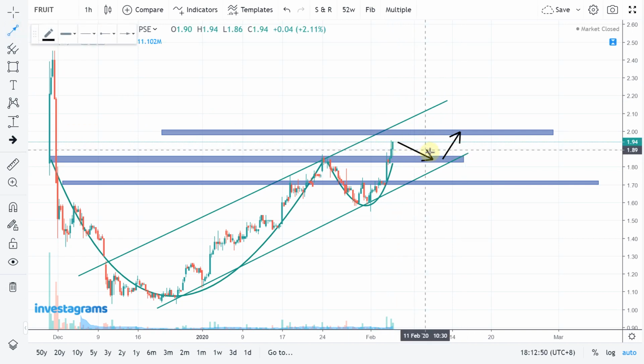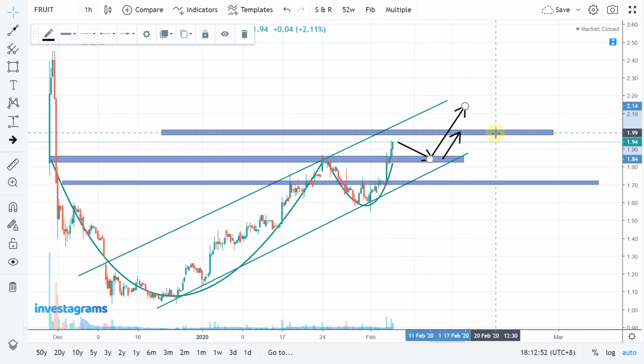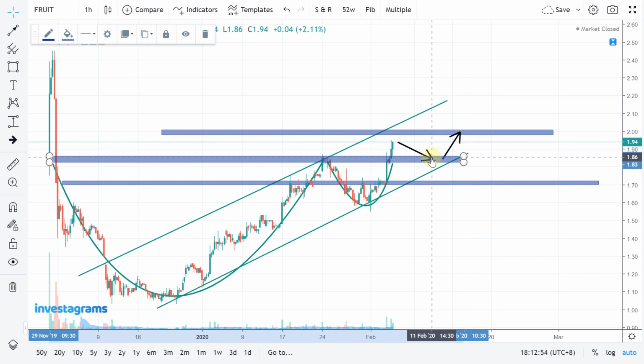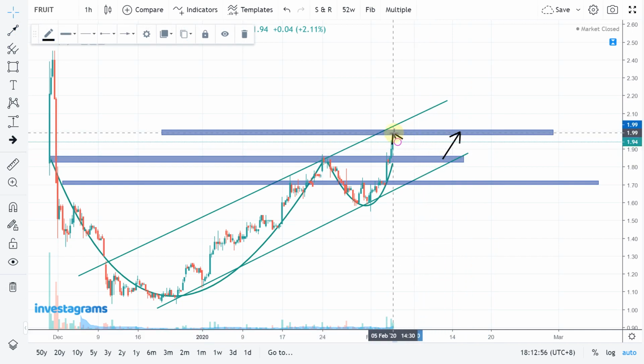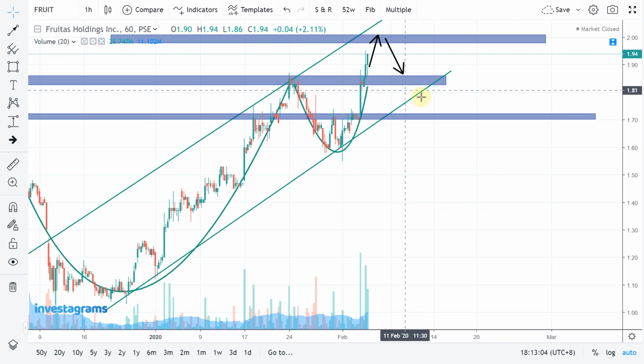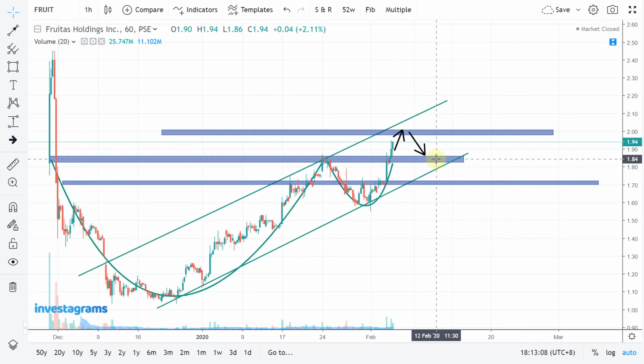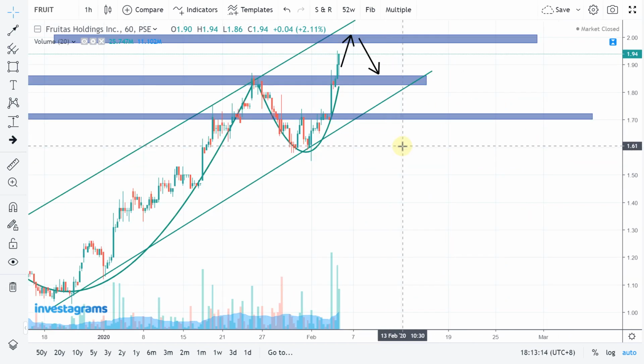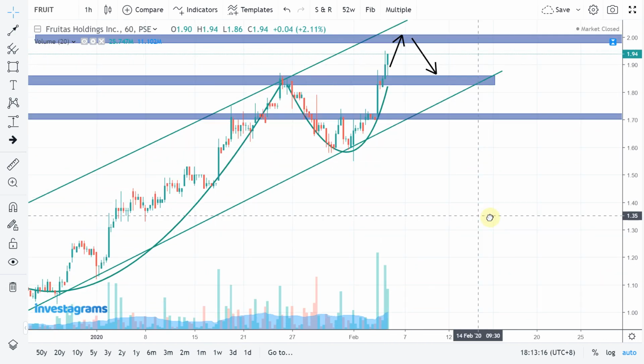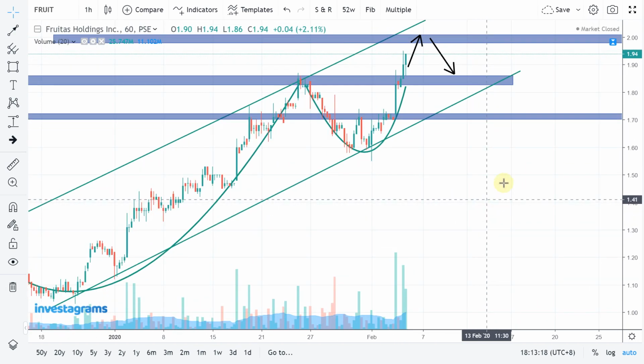Possibly uuntog muna, then bubuhusan to. So possibly sa support tayo magko-consolidate. So take note guys, wala na tayo sa may support dahil nag-rally na siya.